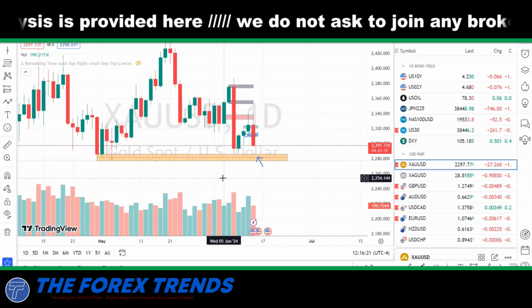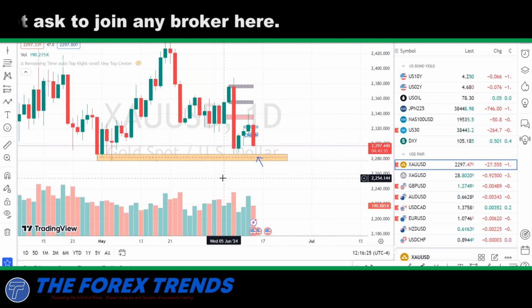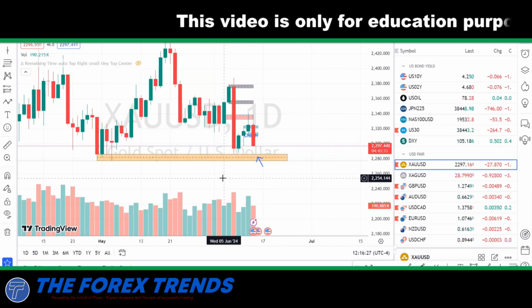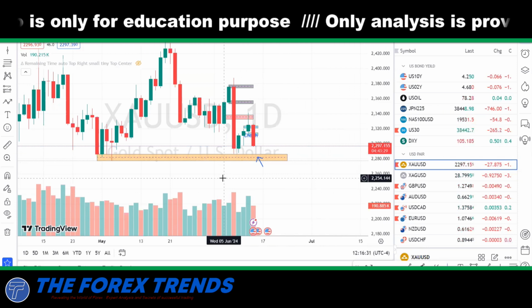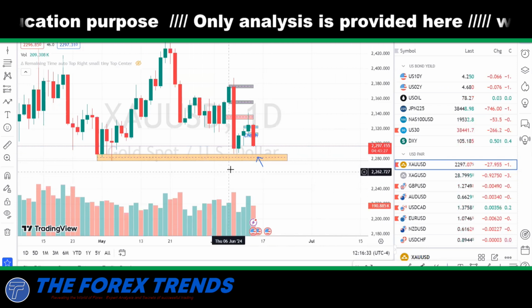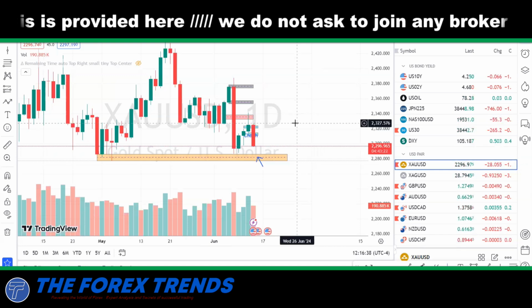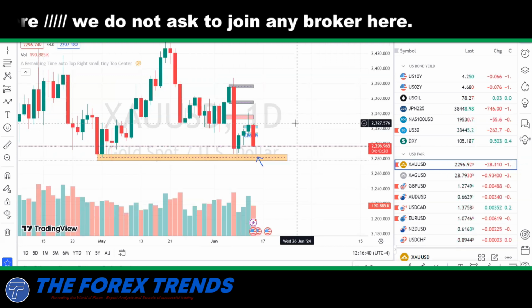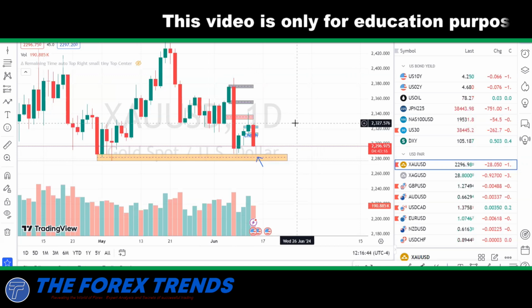Whenever you get evidence, or whenever the price is at your level, don't be afraid to take positions. There is nothing to lose if you set your SL in a calculated range. So all right, that wraps up today's analysis of gold.